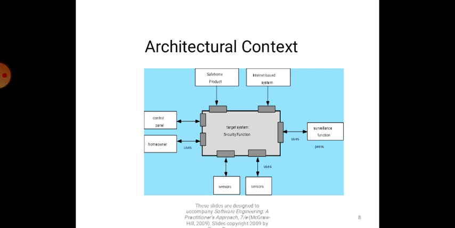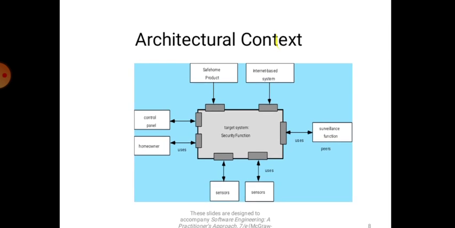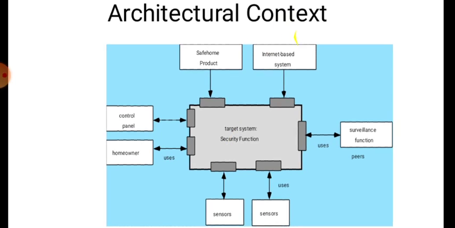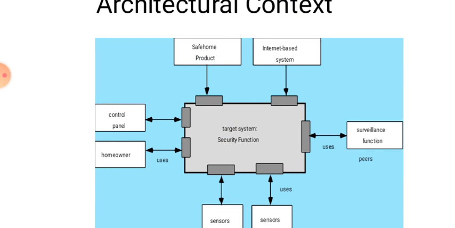Now we'll go for one example, that is the architectural context as far as the SafeHome security system is concerned. You can see here, the security targeted system is at the center whose job is to provide security functions.